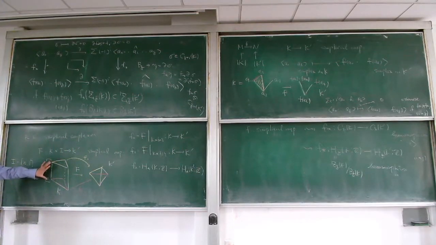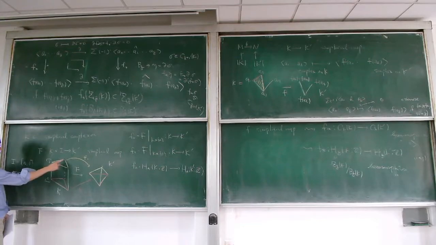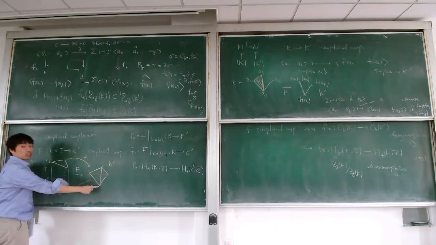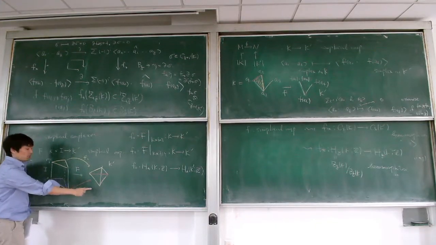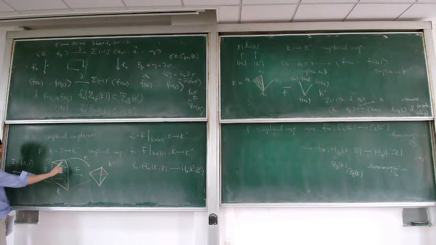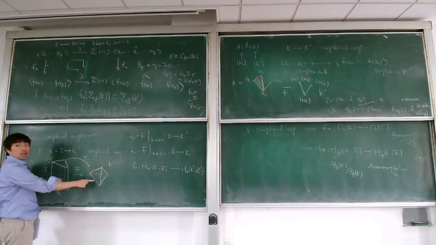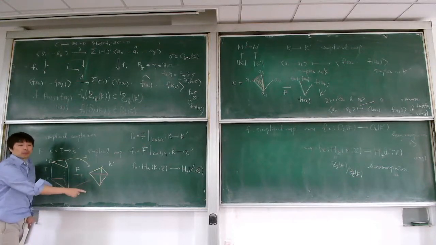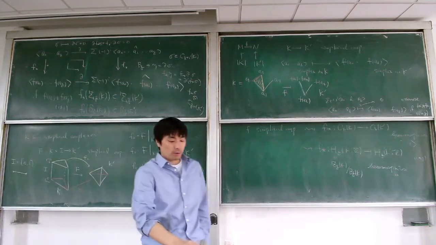And in the middle, what you can do is collapse this rectangle to these edges, and you get this simplicial map. Can you see that?